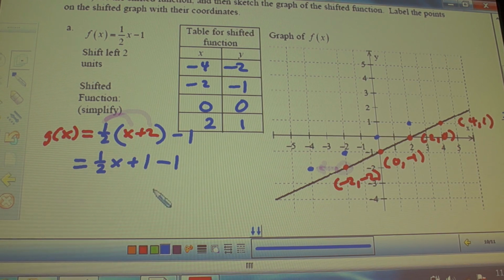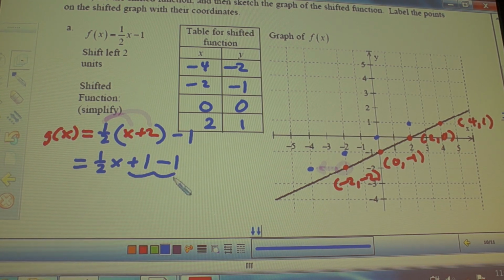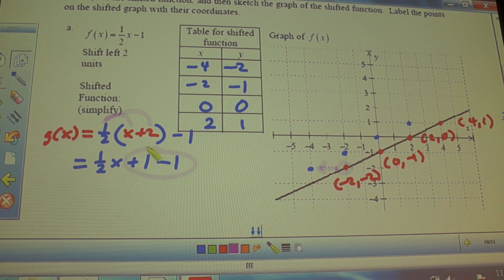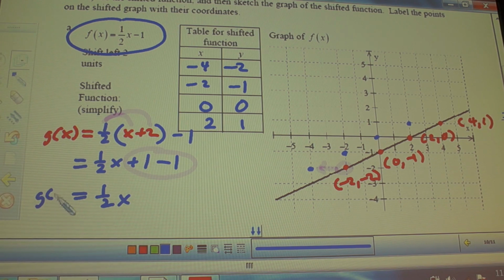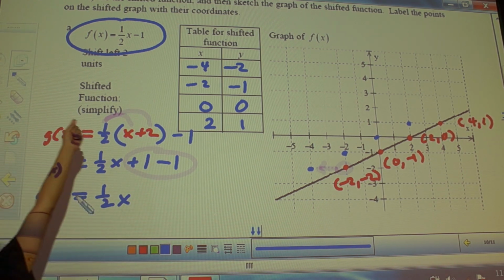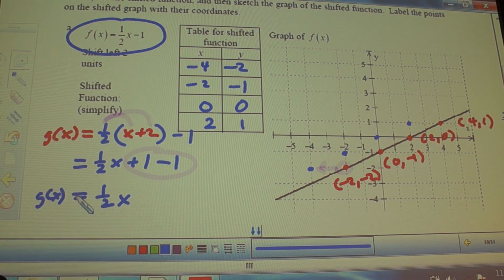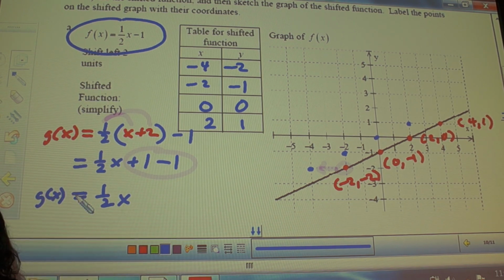And combine like terms. Those two are like terms. If I combine them, I'll get 1/2 x. Okay, so here's the deal. If I took the top one, f of x equals 1/2 x minus 1, and I want to shift up 1, what would I do? You would add 1. Add 1 to the end of it.